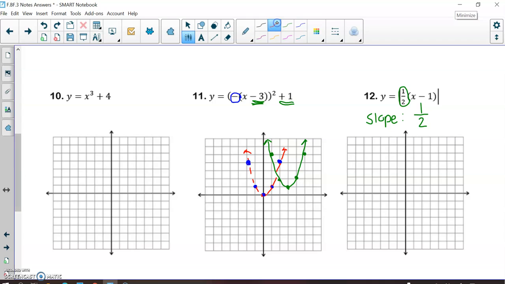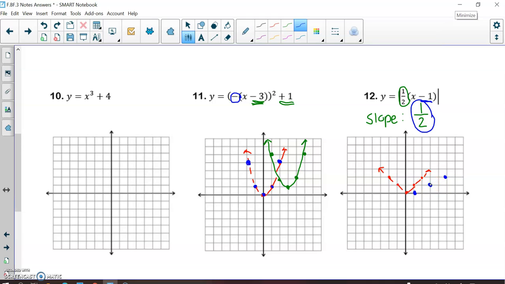So what this means, I'm going to graph my parent function for this absolute value graph, which is the same for all absolute value graphs. And now we're going to move our vertex over 1 unit to the right. And now I'm going to use my slope of 1/2, which means I go up 1 and over 2, up 1 and over 2.